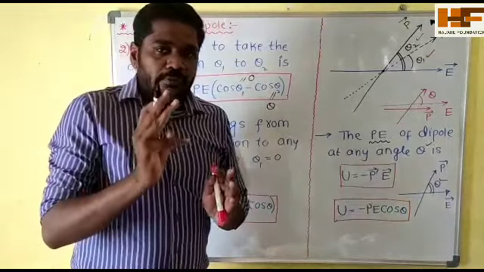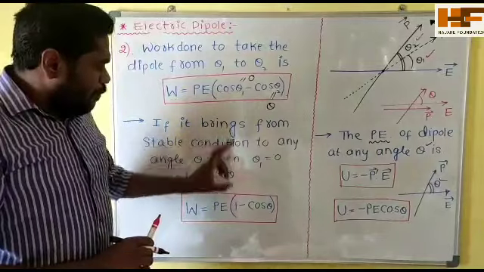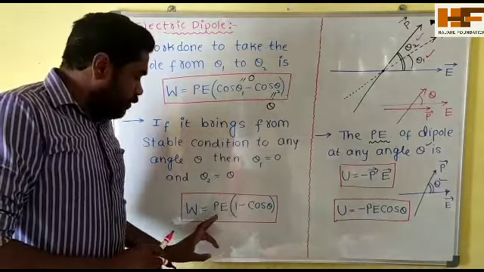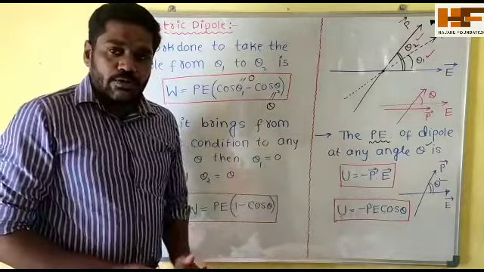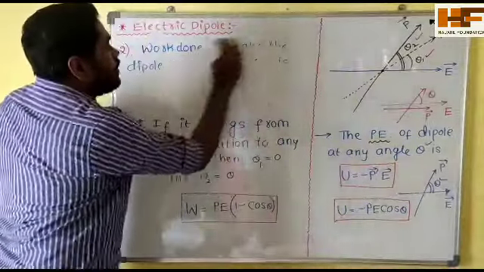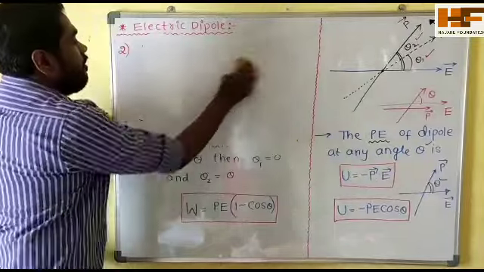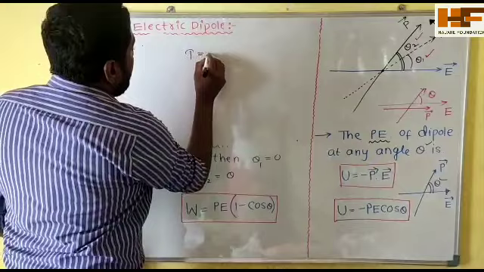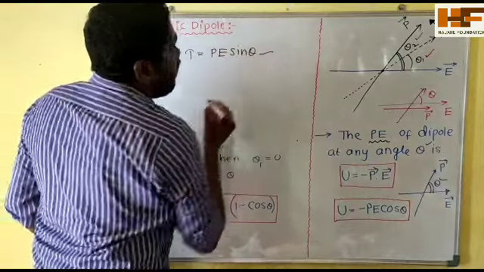In total, 3 formulas. Torque tau is equal to PE sin theta, and the problem will mostly ask for the work done formula, W is equal to PE (1 minus cos theta), and one more formula, U is equal to minus PE cos theta. So there are 3 formulas, and these 3 formulas are very, very important. First, the torque magnitude is PE sin theta. This is the torque formula.